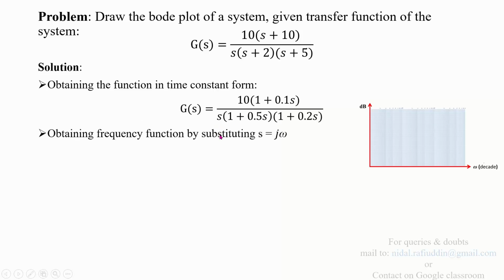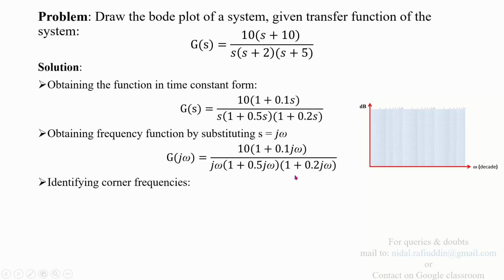The second rule says to replace s by j omega. So we are going to substitute s equal to j omega in this expression to obtain the frequency function j omega, which looks something like this. And then we identify the corner frequencies. As I told you, corner frequencies are obtained by the expressions of type 1 plus sT. So if you look into this expression, you have 1 plus 0.1.